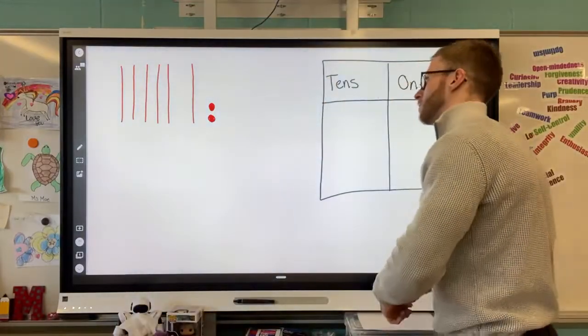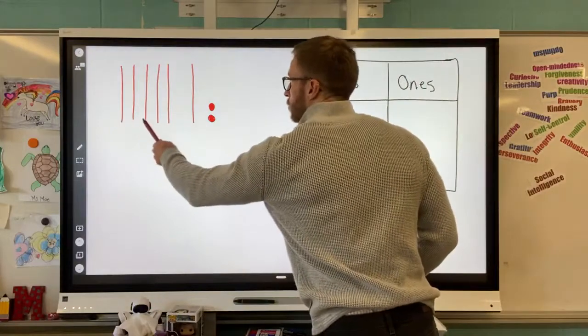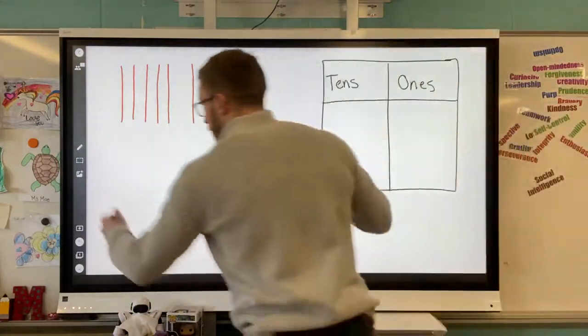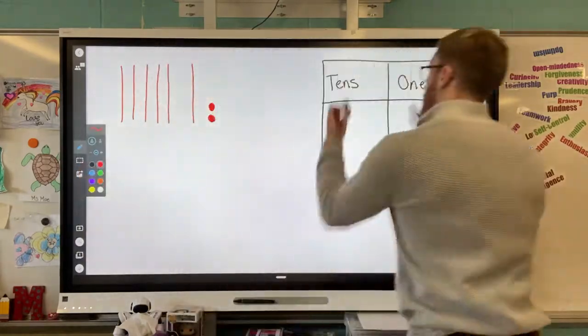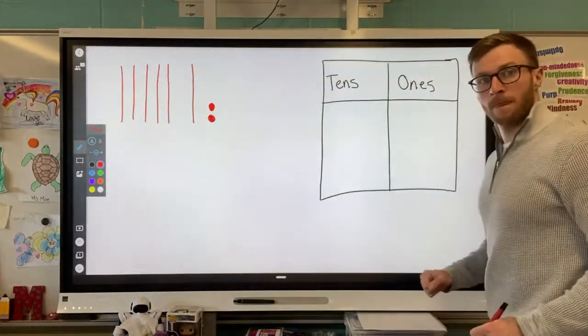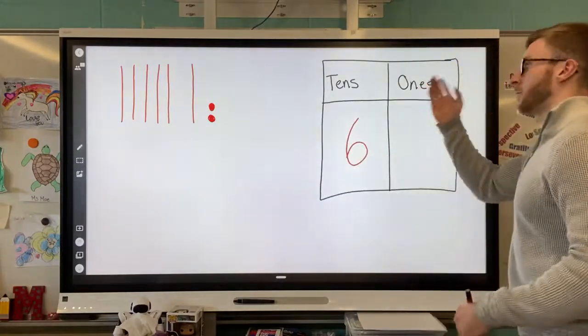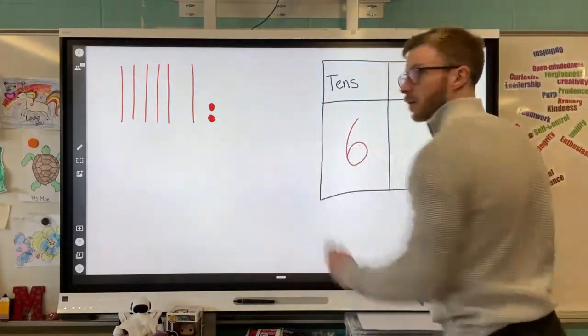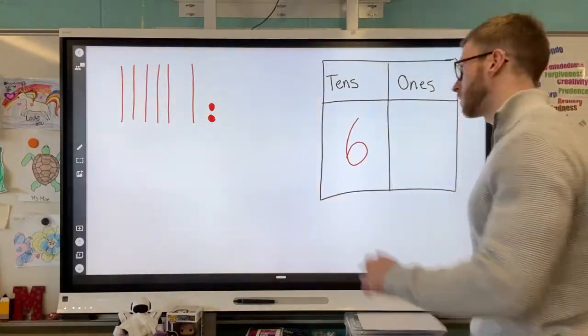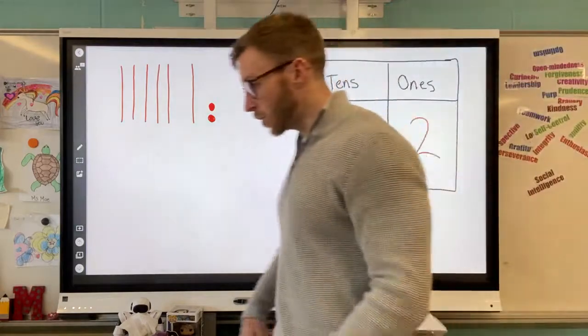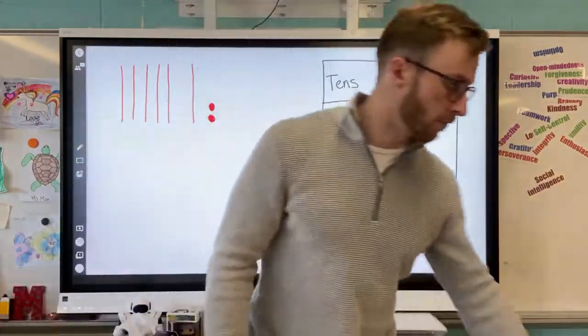Let's count our 10s. 1, 2, 3, 4, 5, 6 10s. So in our 10s area, we're going to say how many 10s there were. There were 6. Let's count how many 1s there are. 1, 2. 2 1s. We write the number 2. What number do we have? We have 62. Very good.